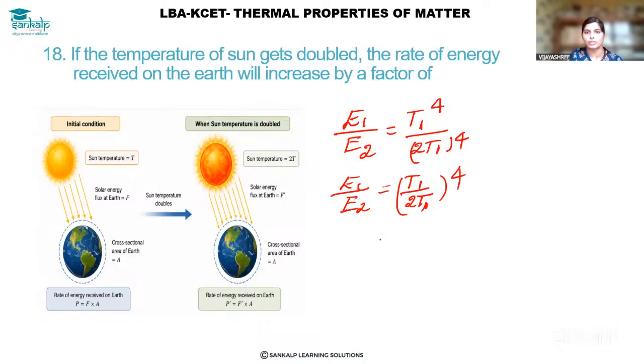If we simplify this further, T1 gets cancelled. It is equal to 1 by 2 raised to 4. Right. E1 divided by E2 equals 1 divided by 2 to the power 4, which is equal to 1 divided by 16.